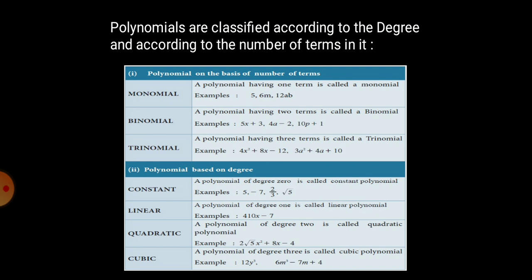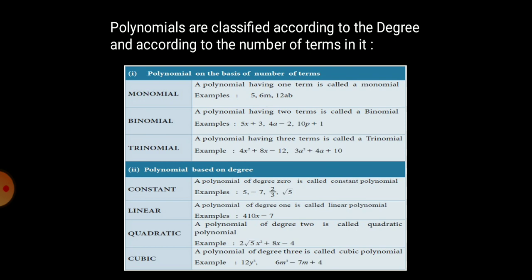The polynomials with degree 2 are called quadratic polynomials. And the polynomials with degree 3 are called cubic polynomials, meaning the term with the highest power is 3. And polynomials of more than degree 3 are called 4th degree polynomials, 5th degree polynomials, 6th degree polynomials or nth degree polynomials.